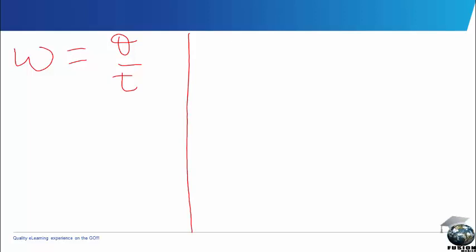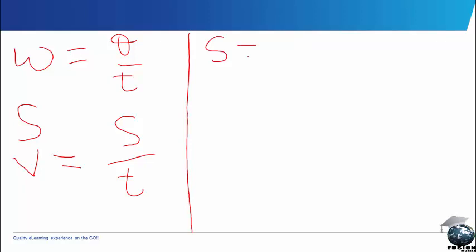While linear speed v is equal to linear distance s all over time. But initially we said that linear distance is equal to r theta.